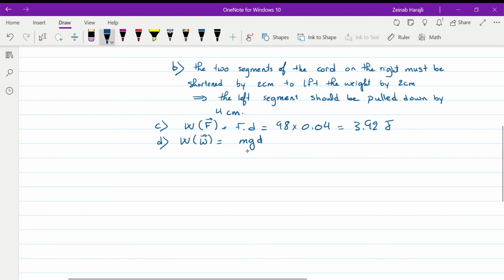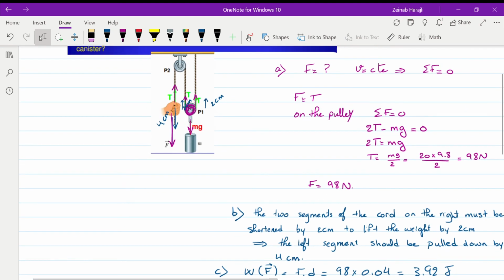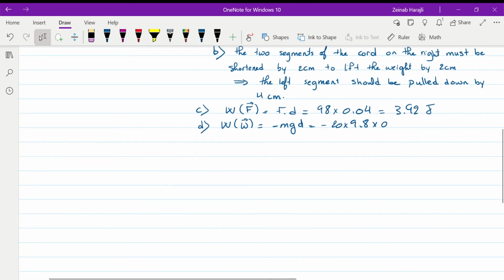And this is negative because the weight is going to resist this upward lifting of the mass. So we have minus, the mass is 20 kilograms, this is 9.8, and the distance on the right side is 2 centimeters, right? So this is 0.02, and this gives us the work to be minus 3.92 joules.